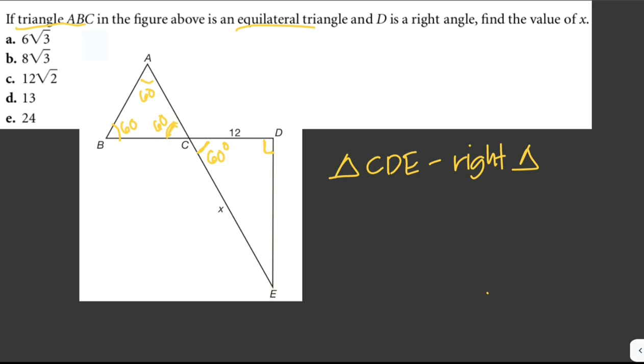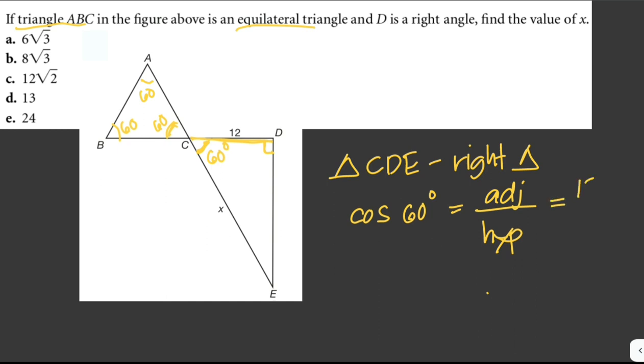Since the measure of this side here, side CD, is adjacent to angle DCE, we can use cosine. So this would be cosine of 60 degrees equals adjacent over the hypotenuse. And the hypotenuse here is just equal to x.